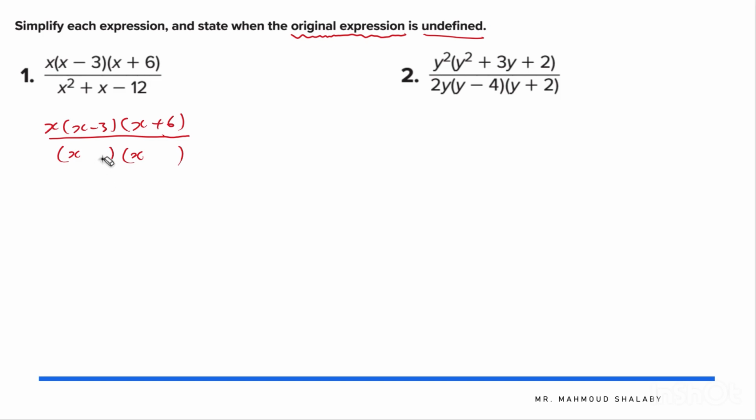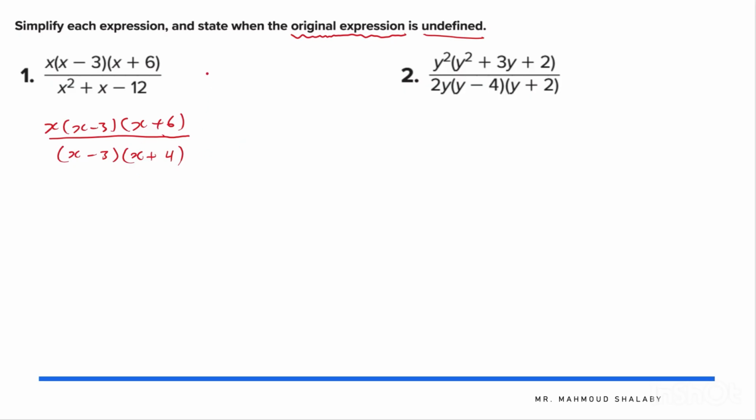It could be 2 multiplied by 6, but I need the difference to be 1, so I will use here 3 multiplied by 4, and it will be different signs, positive for the big number and negative for the smaller one. You can use your calculator if you remember how to do this. You will find x equals negative 4, which will be positive 4 here, and x equals 3, which will be negative 3.